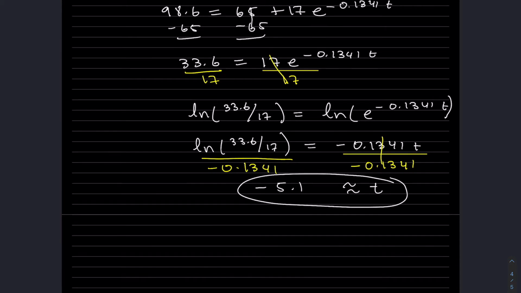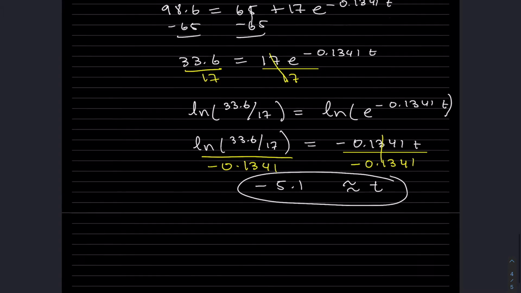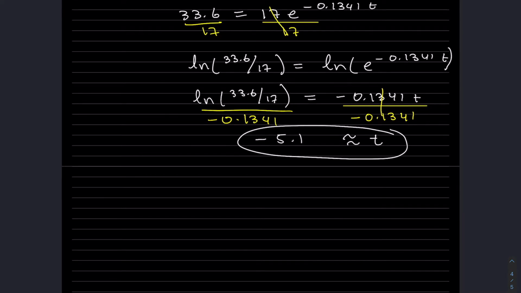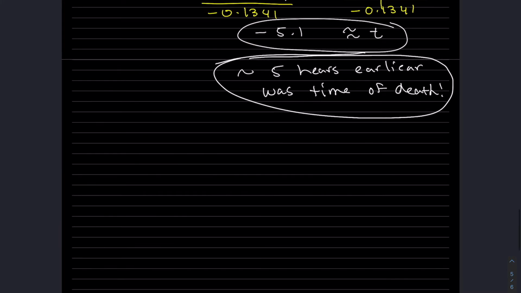What does negative time mean? It means you have to subtract it because it was approximately 5 hours earlier, right? That's what it means, 5.1 really. Pretty cool problem.